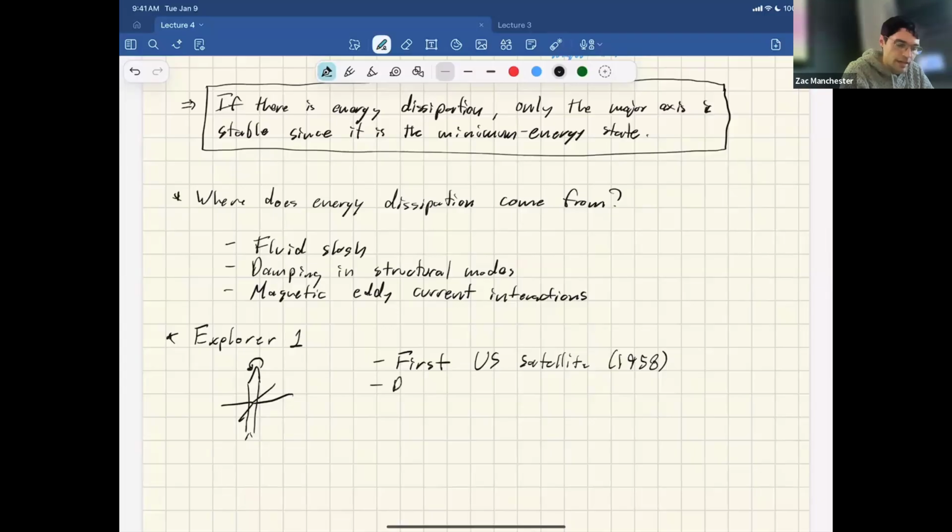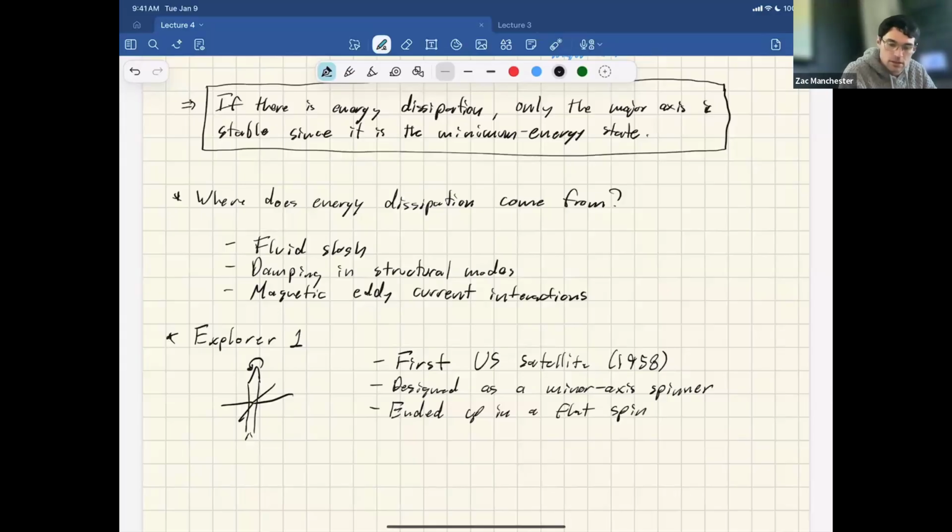Yeah, it was designed as a minor axis spinner, and ended up in a flat spin due to damping in the flexible antennas.